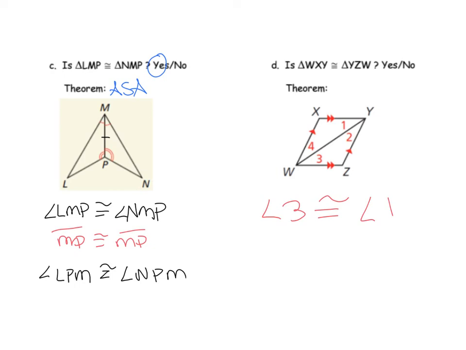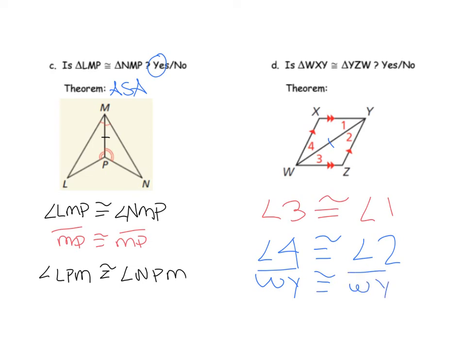And we would also have angle 4 be congruent to angle 2. So the question is, do we have a side that they have the same or another angle? Well, the only thing we can establish for sure is that they have this side in common. So WY is congruent to WY.